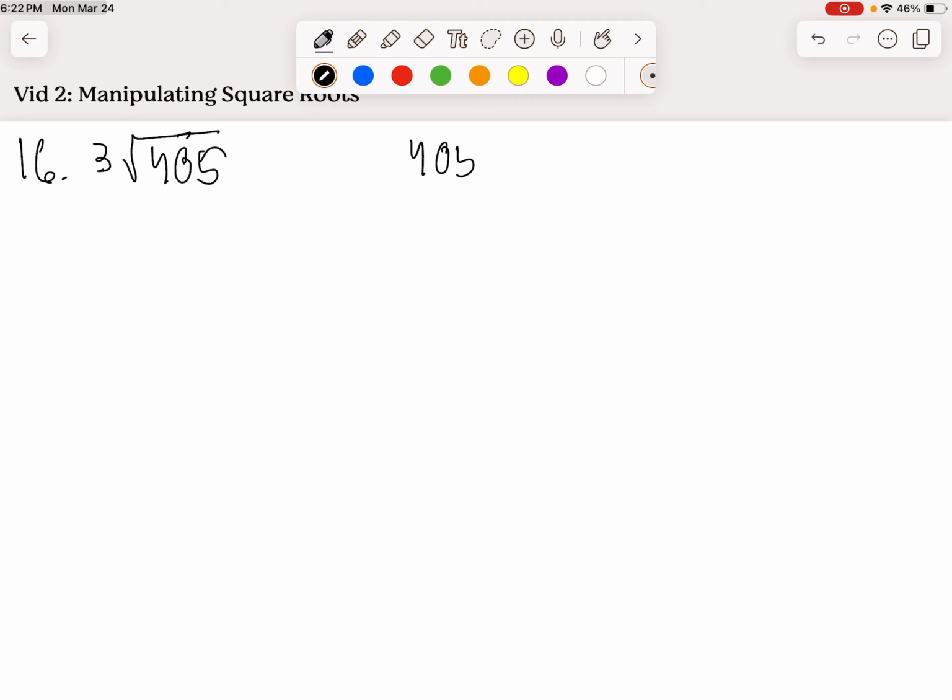But what we want to do is say, what number, as I'll call it x, do we take the square root of that will give us some number, which I'll call n? In this case, I believe it's 81 times 5.